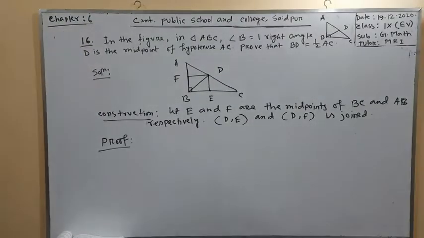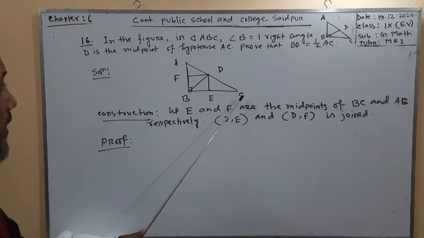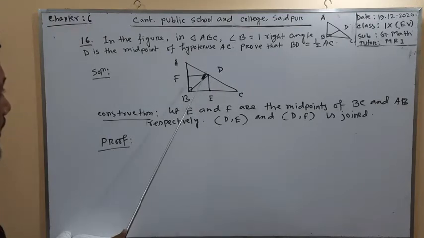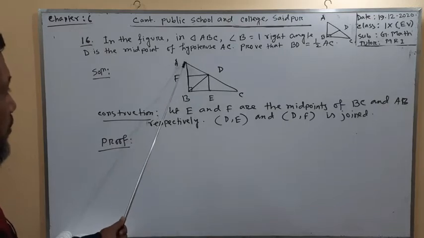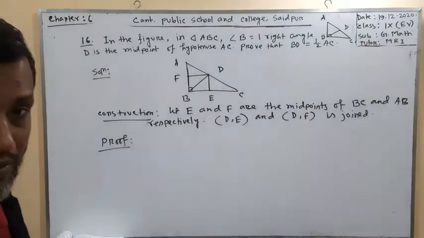That is, here FD and BC will be parallel. Similarly, DE is parallel to AB because D is the midpoint of AC and E is the midpoint of BC.